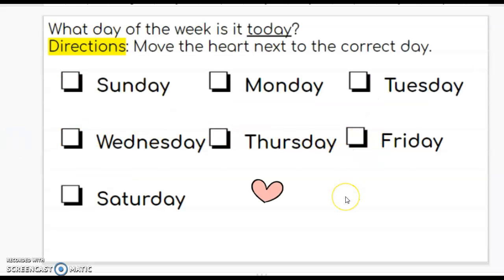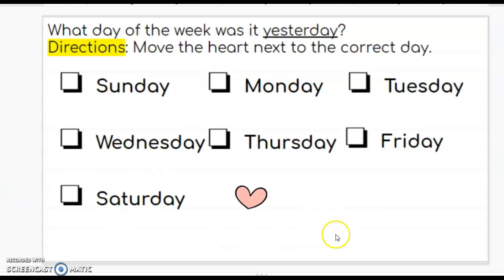The next slide says, what day of the week is it today? So we're going to move our heart next to the correct day. We said it is Monday. It's the beginning of the week. The next question says, what day of the week was it yesterday? And so, what comes before Monday?